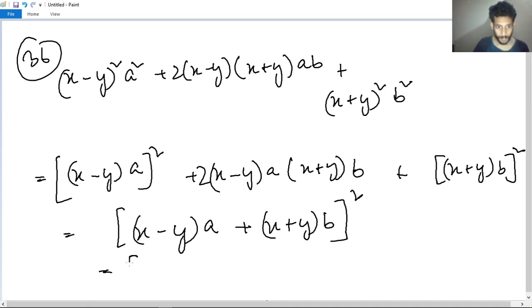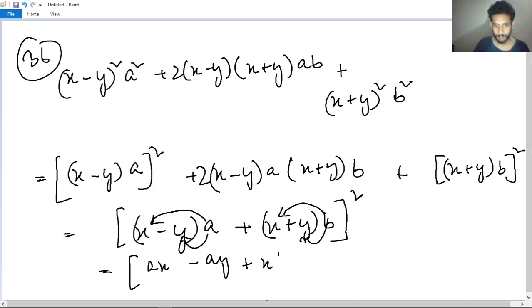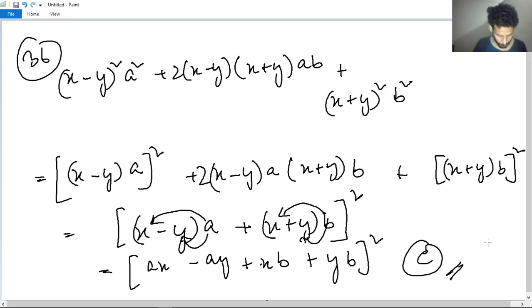Now if I multiply it, ax minus ay, and b also goes in this one, so it will be xb plus yb, whole square. Just see which option has this one. I guess option C has it, so option C is the answer.